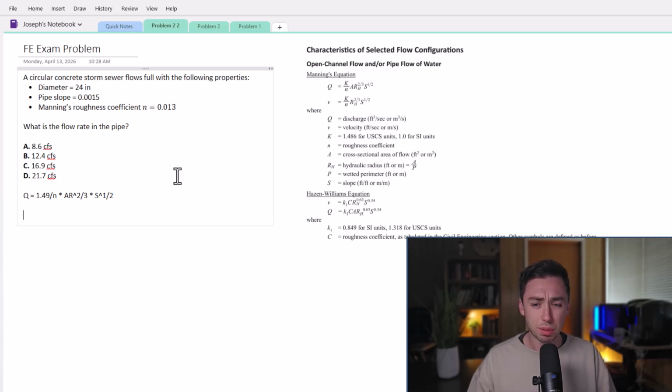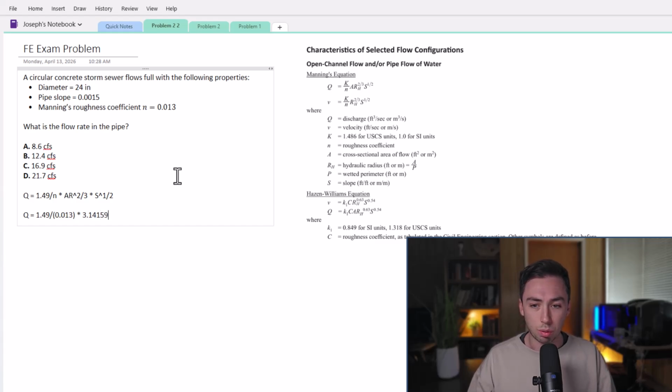So let's plug in some of the known variables, and then we'll solve for a few of the unknown variables that we have so far. So Q equals 1.49. We have n. What is n? 0.013 times the area. What is the area that we're going to be using? Well, we will be using pi d squared over 4.